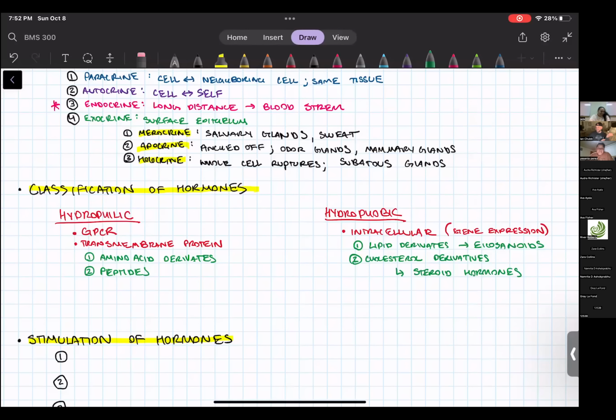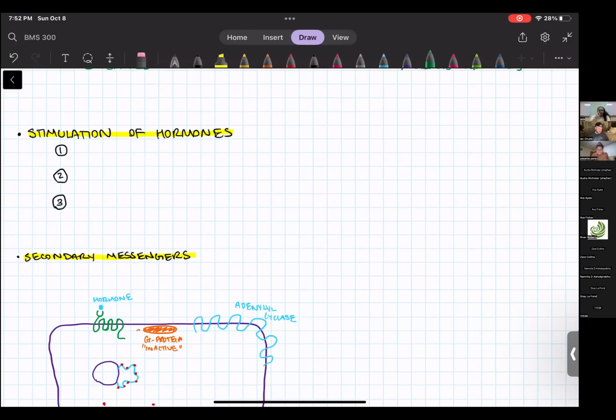Okay. Let's go to stimulation of hormones. We'll probably hit this pretty quick, but we have three types. Yes, catecholamines are part of that group. So what are the three stimulations for hormones?